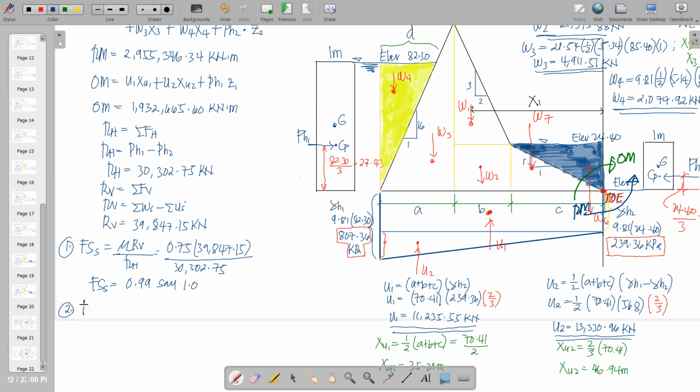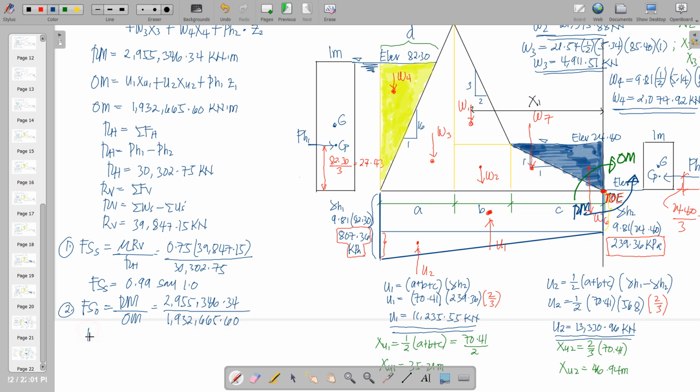Okay, number 2. The second unknown is the factor of safety against overturning. This is simply equal to Rm all over the overturning moment. Our Rm is computed to be 2,955,346.34 all over 1,932,665.6.